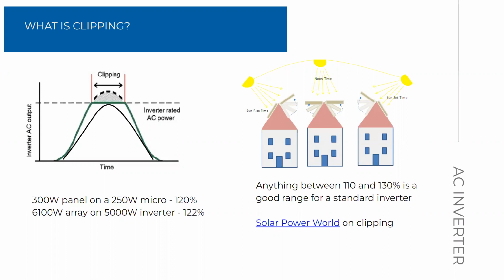And in order to accommodate these changes in sunlight exposure, you can add more PV to your inverter ratio. So if I have, let's say, a purely south-facing array, at noon my south-facing array is going to be absorbing the most PV possible.